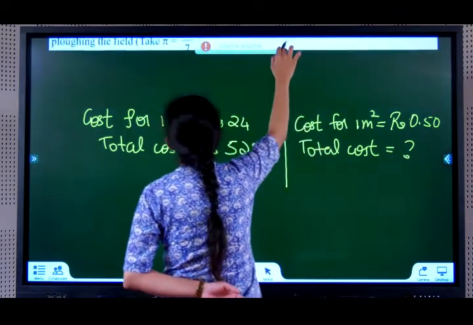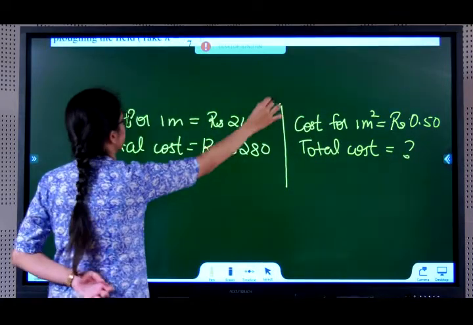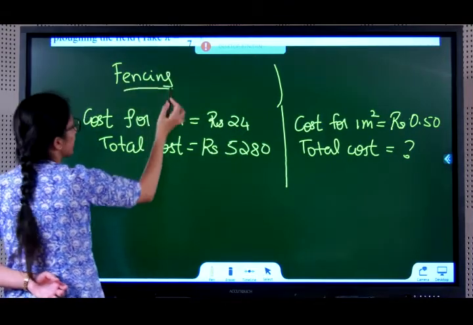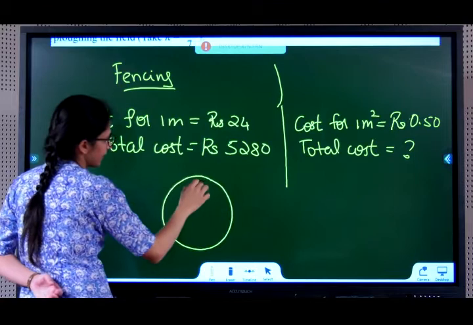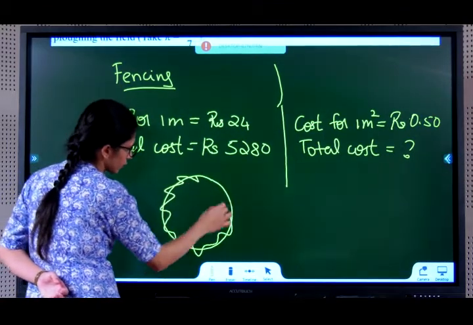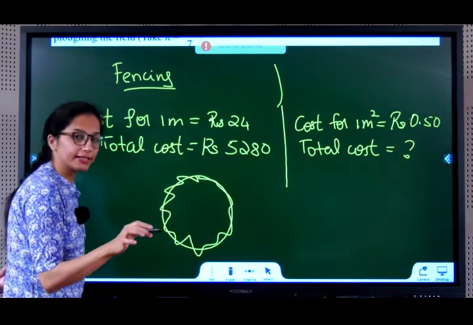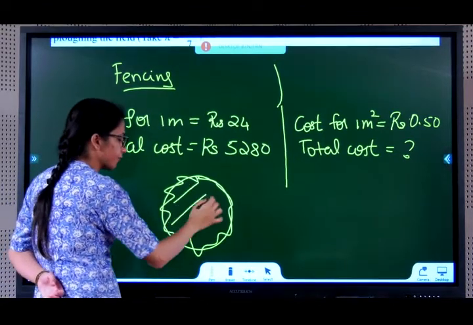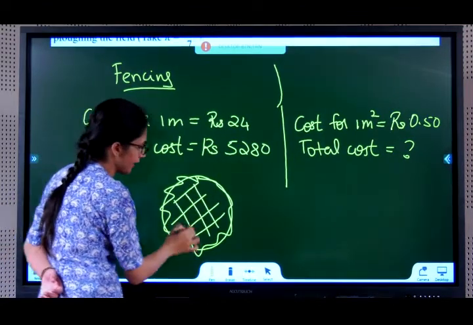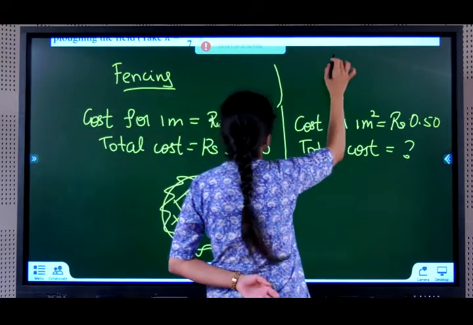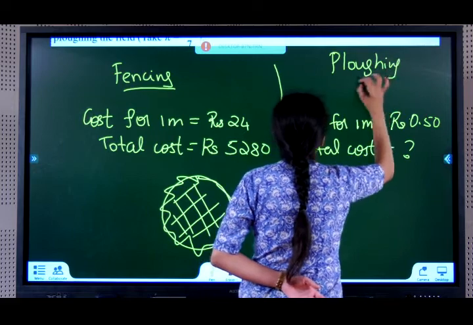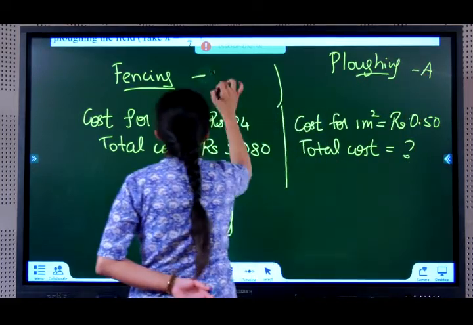See, what they have given here, the first part is fencing. Fencing is related to perimeter, because if I have a field and I am fencing, I am only going to do this region. But if I am ploughing the field, the grass, the area, I will have to do it with area. So, ploughing is related to area and fencing is related to perimeter.